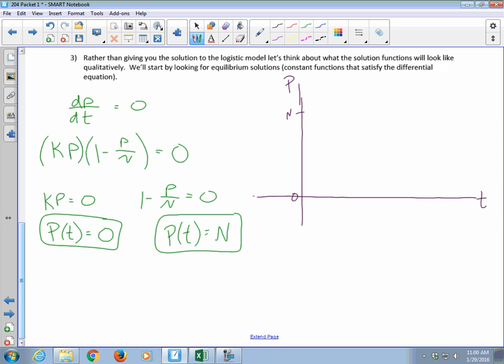So I'll put those in. Oh, that's not very contrasty. Okay, so this one is P of t equals 0. And then I have another equilibrium solution at n.